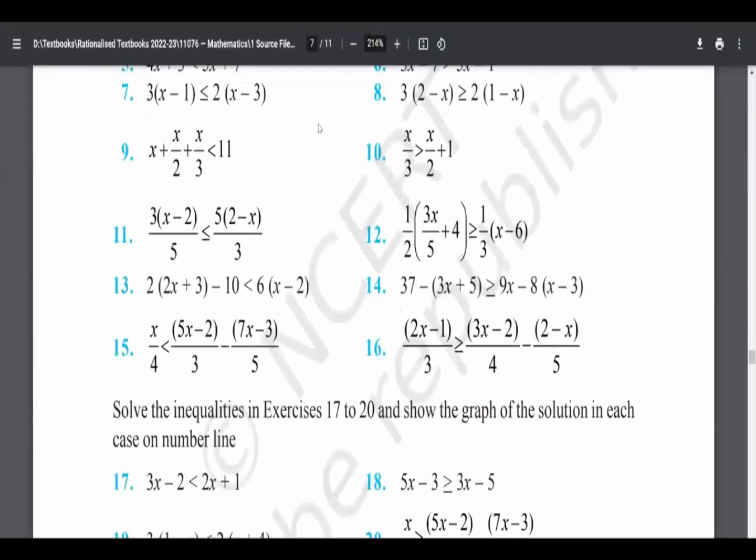Okay. So let us move to question number 14. As you can see, this is also similar. We just have to open the bracket, simplify, and we can solve for x. So 37 minus 3x plus 5.